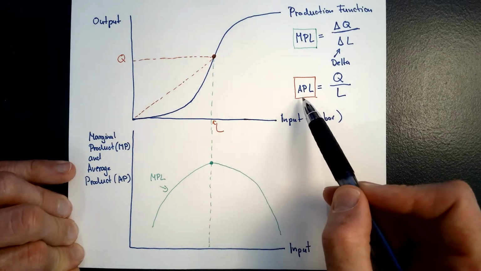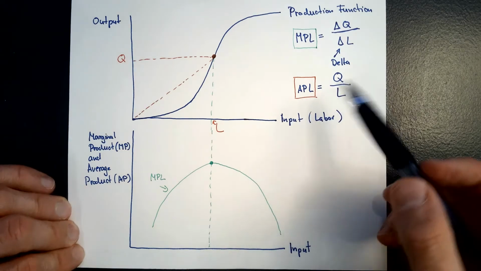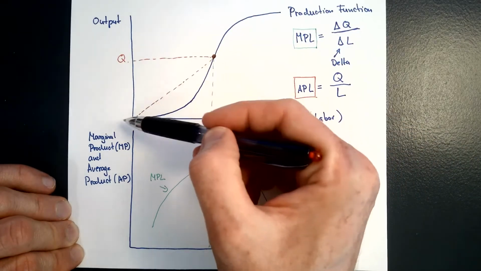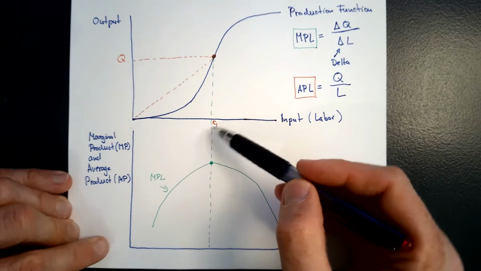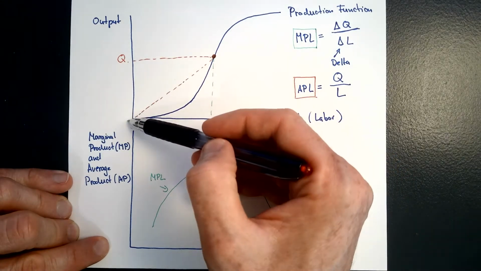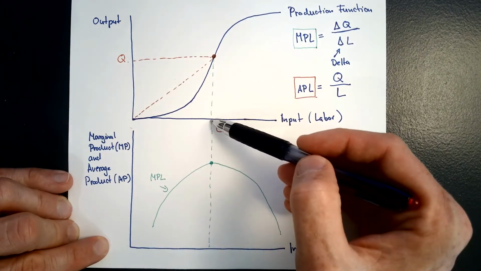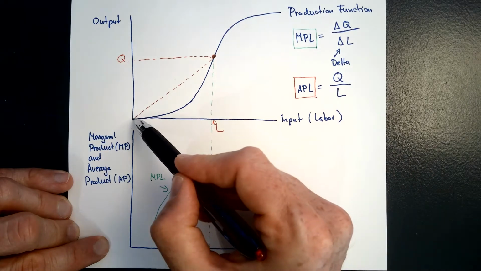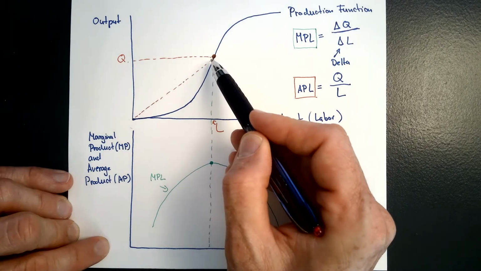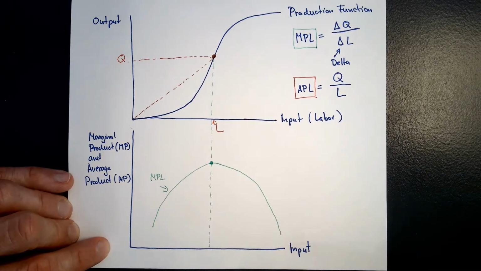The average product of labor is Q over L. So you have Q over L, you have rise over run, and hence what this means is that the slope of this connecting line represents the average product of labor.